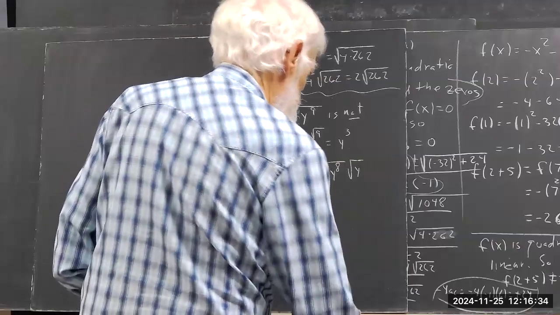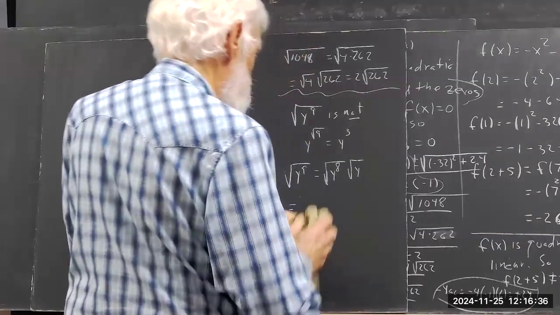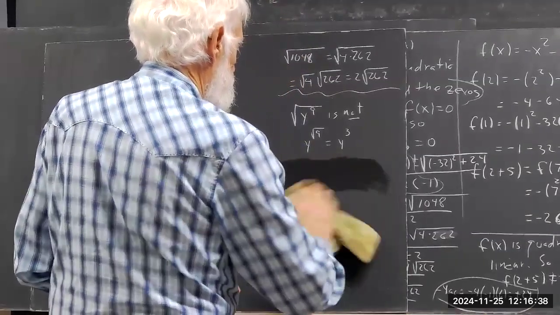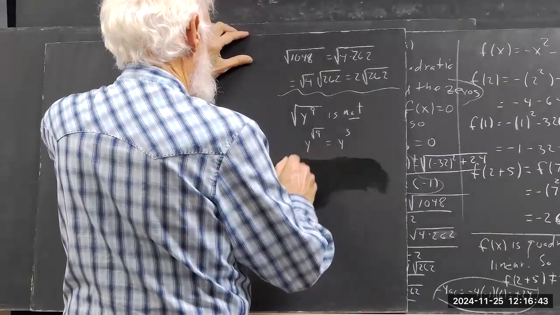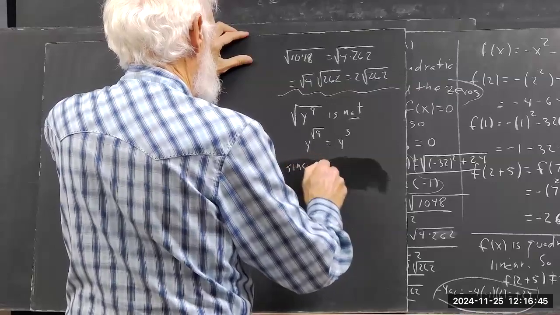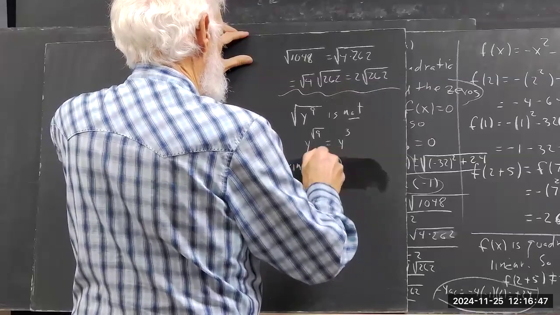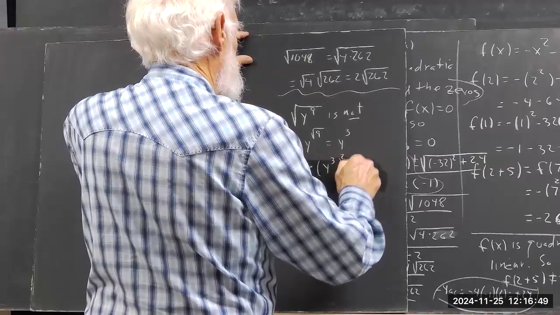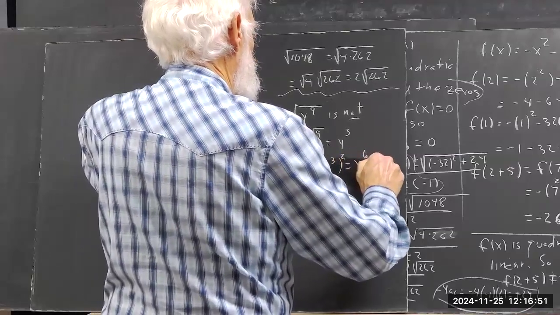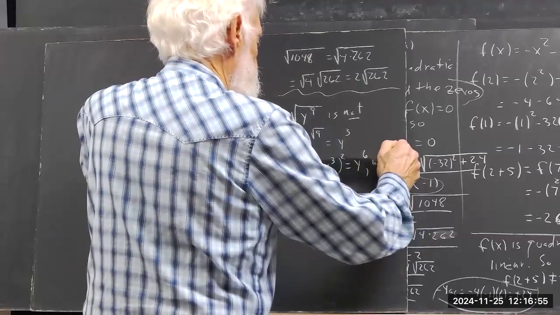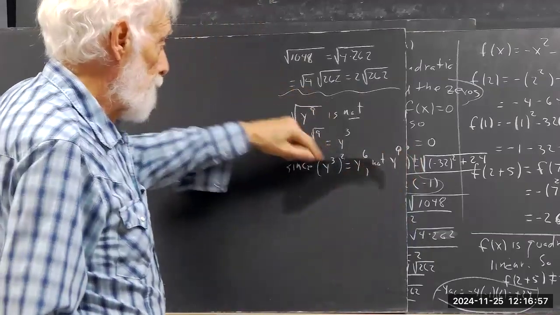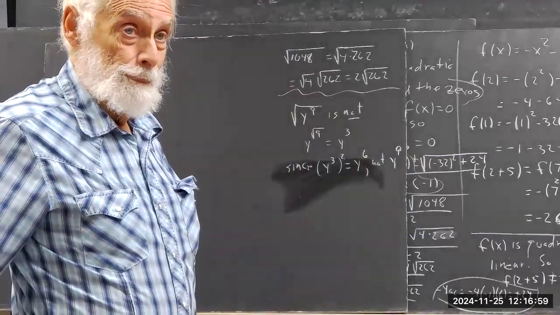And there's something else I need to write there. So rewrite this. In that sense, if I square this, I don't get y to the 9th.